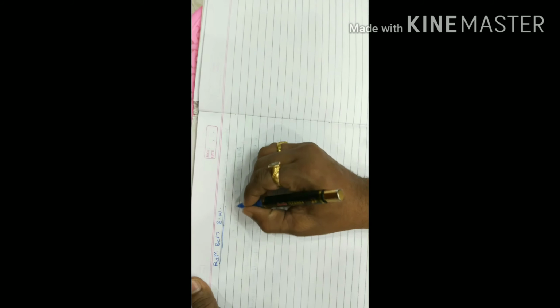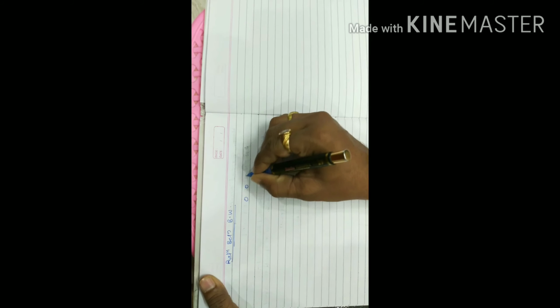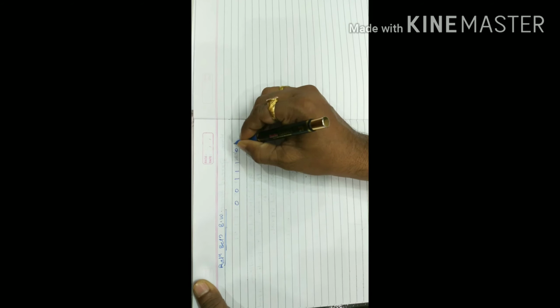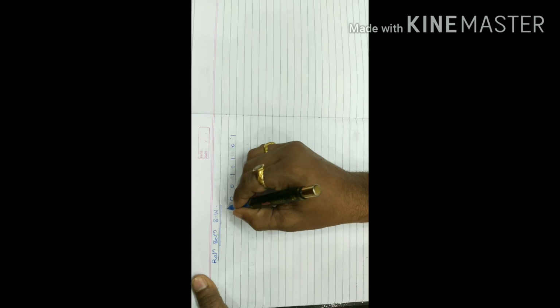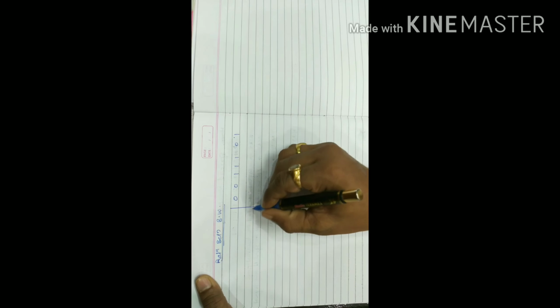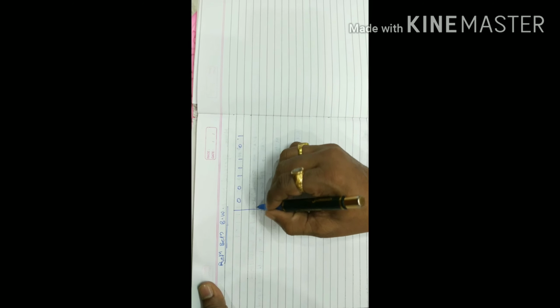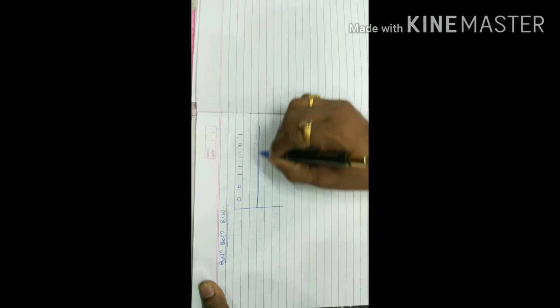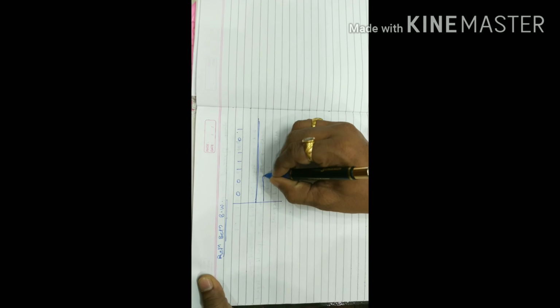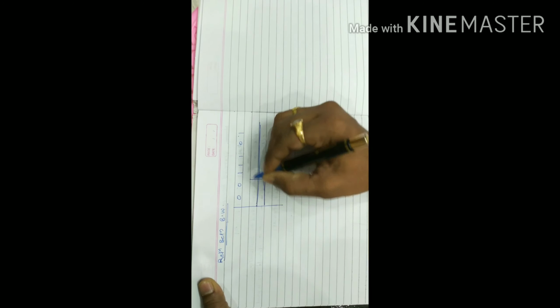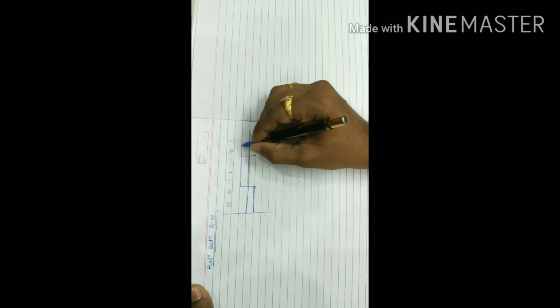First of all, we have the PN sequence as 0 0, then 1 then 0 and then 1. So we'll draw the PN sequence over here. It is like this: 0, then 1 then 0 and then 1.